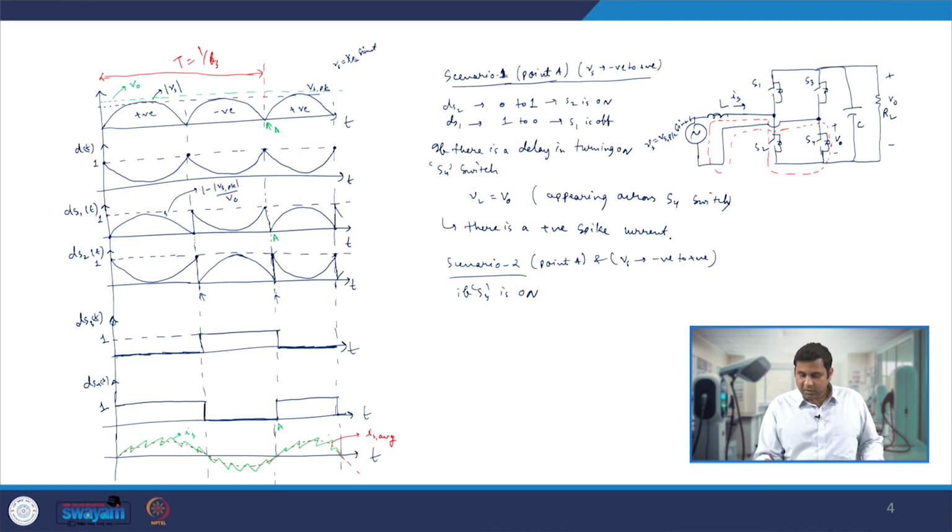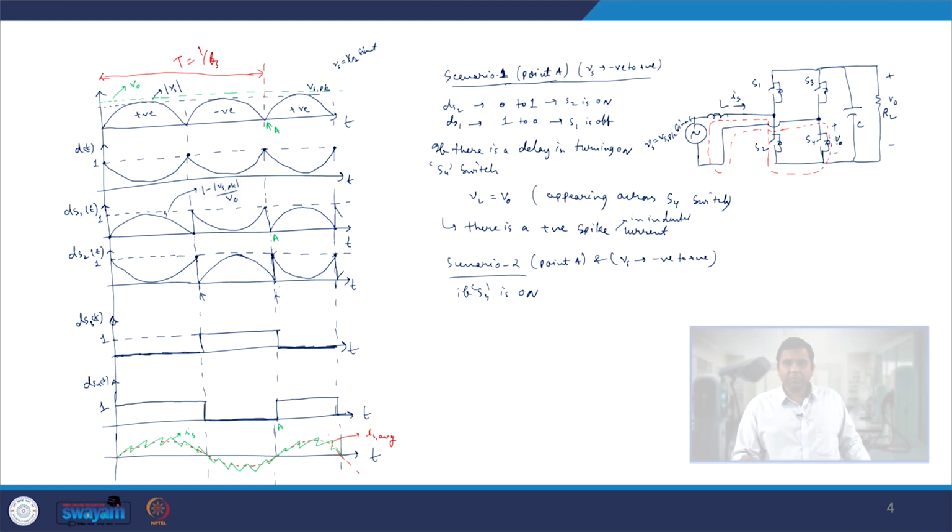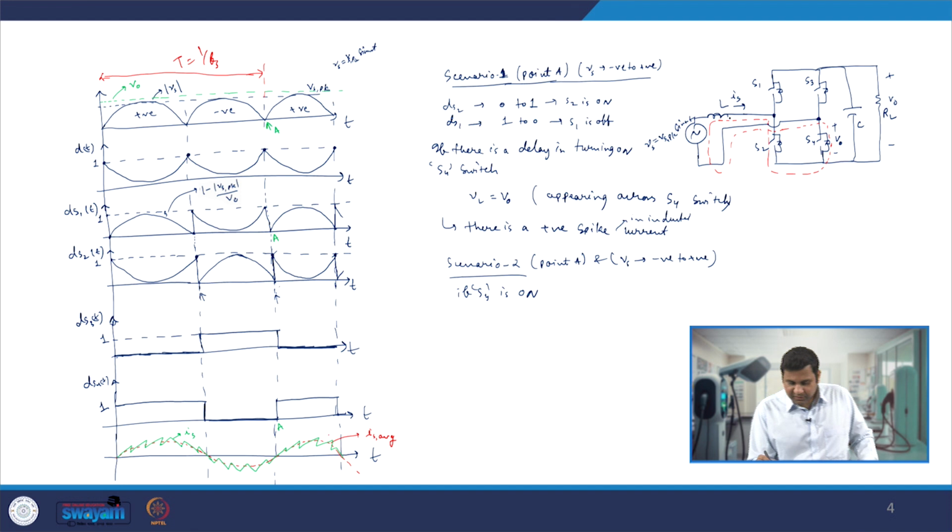During that time we see a positive spike in inductor current, a sudden rise, because the voltage across the inductor suddenly becomes very high. Now whenever S4 is on, the voltage across this will no longer be V naught, and the voltage across this inductor is very small, or nearly 0.